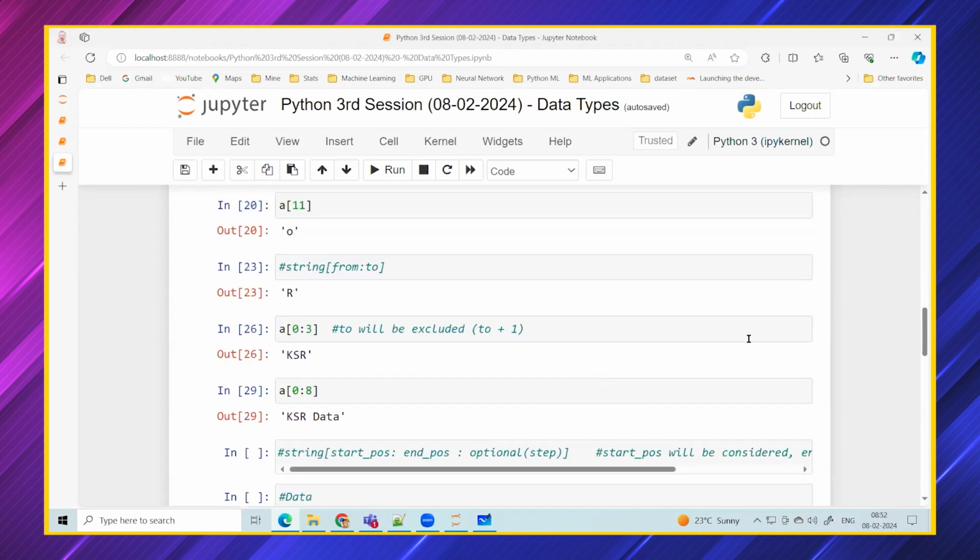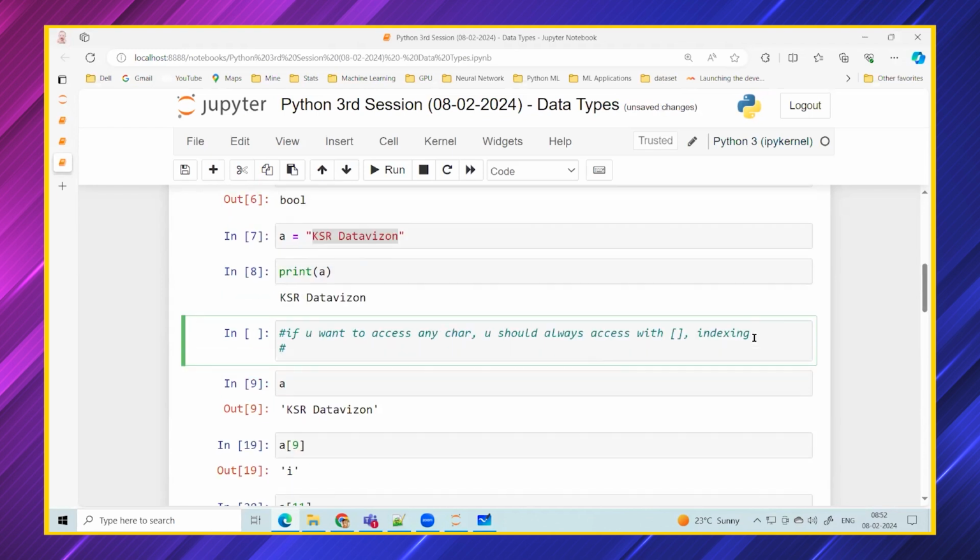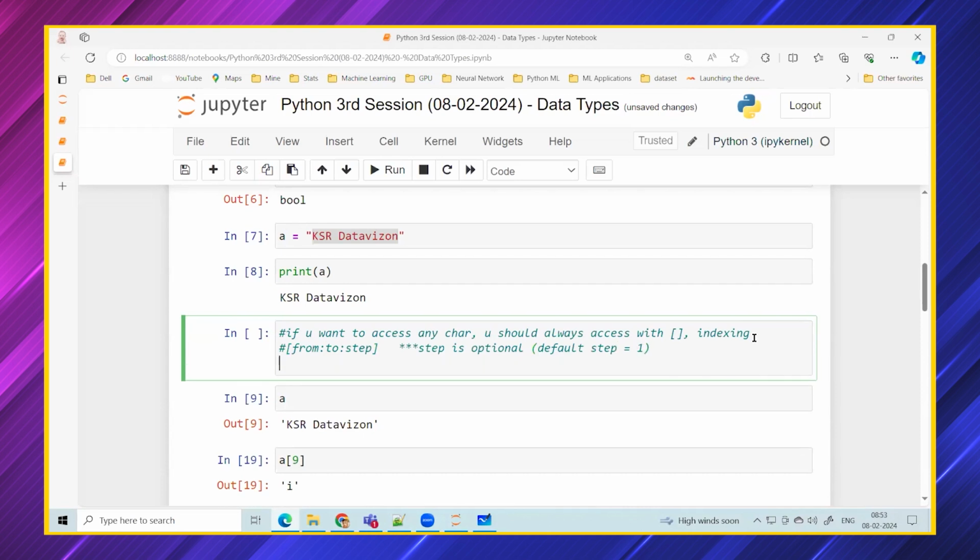And I will also write another point: to access, the syntax will be from, to, step. Please do remember that step is optional. You can use it or leave it. The default step is 1.